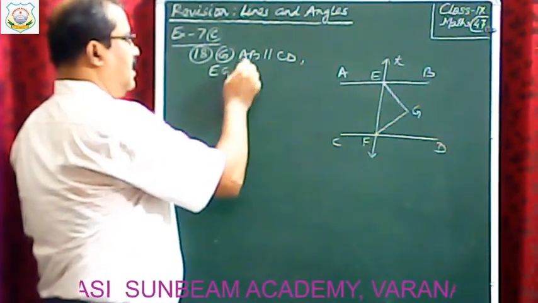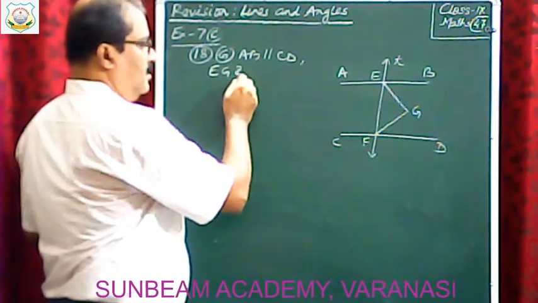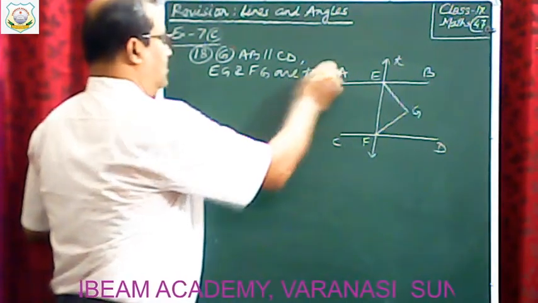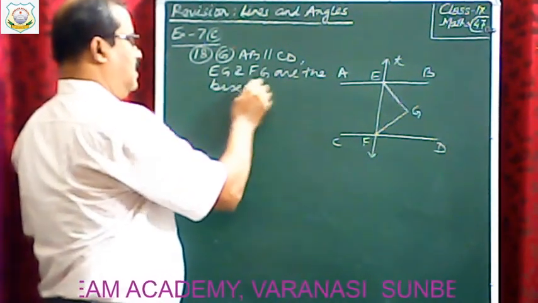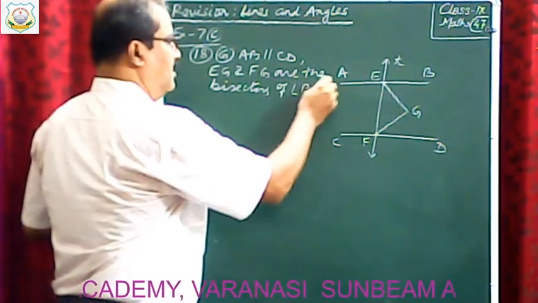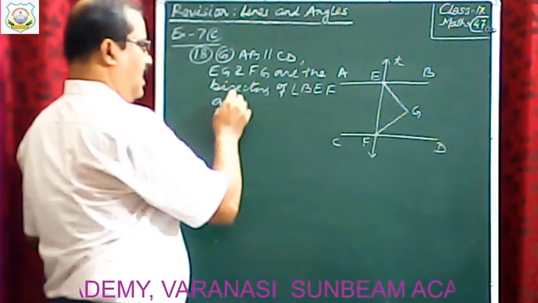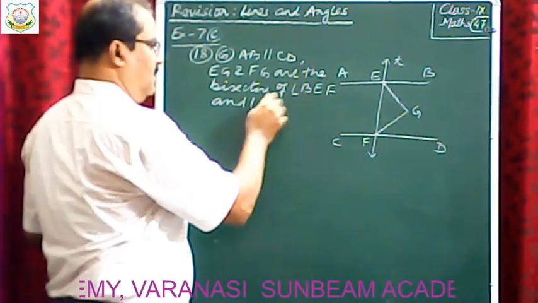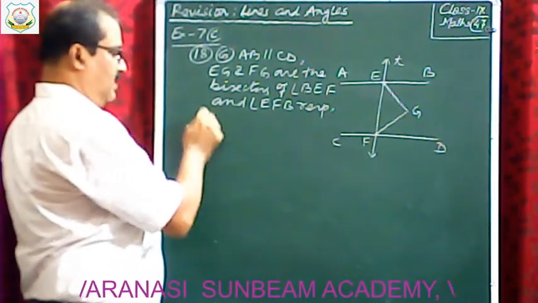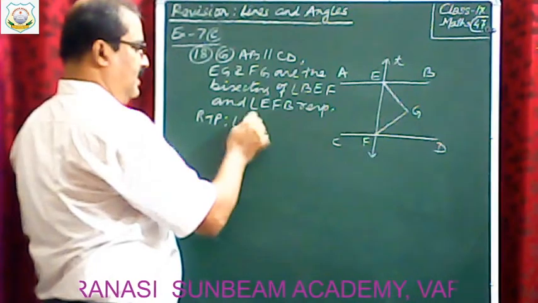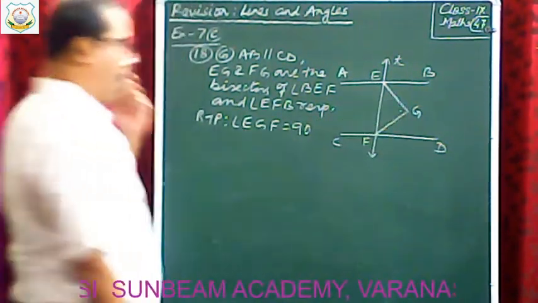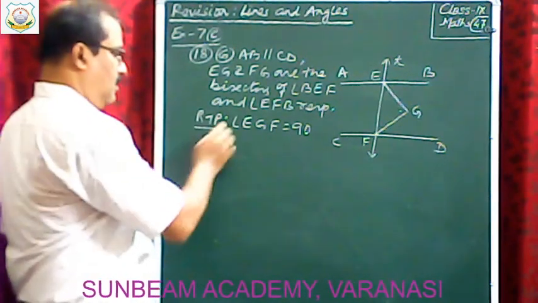EG and FG are the bisectors of angle BEF and angle EFD respectively, then required to prove angle EGF equals 90 degree. Okay, proof.